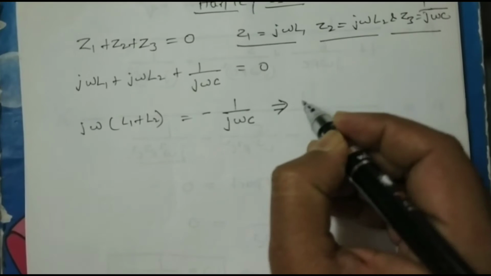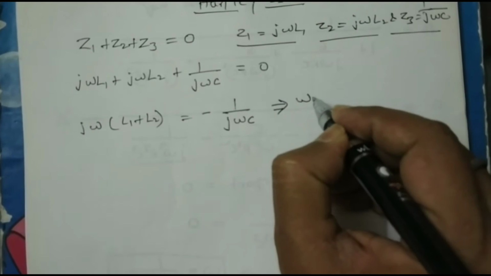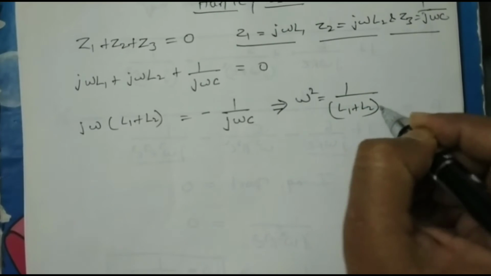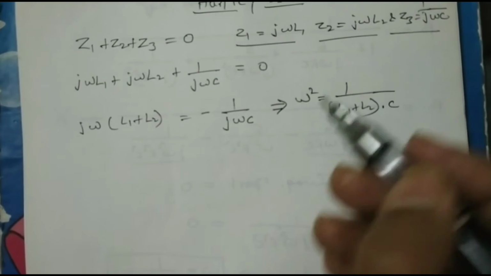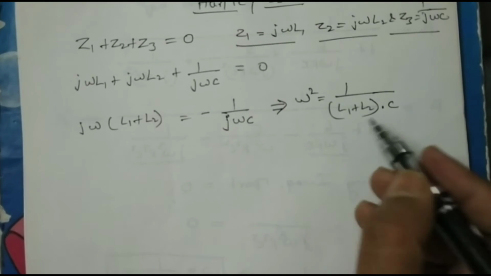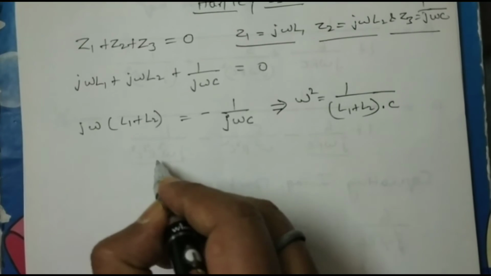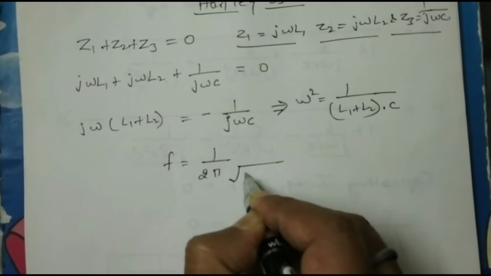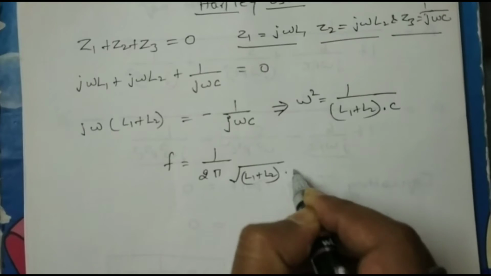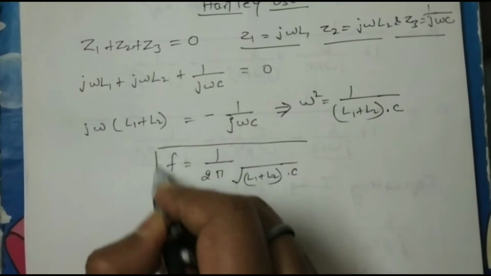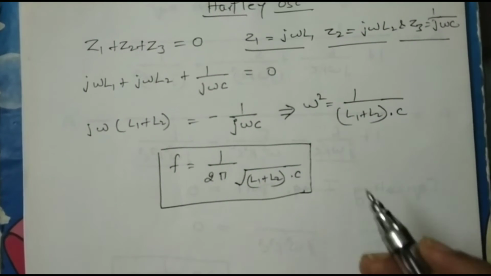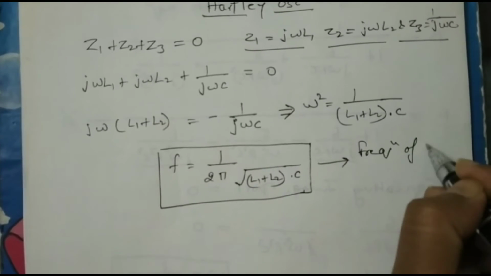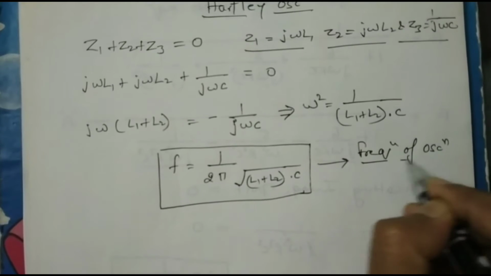After simplification, we obtain omega square equals 1 upon (L1 plus L2) into C. So the frequency f equals 1 upon 2 pi under root of (L1 plus L2) into C. This will be the frequency of oscillation for the Hartley oscillator.